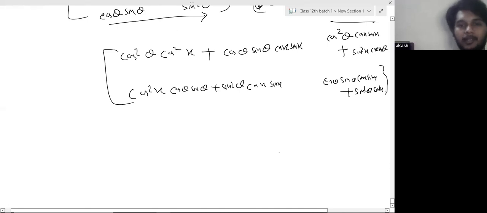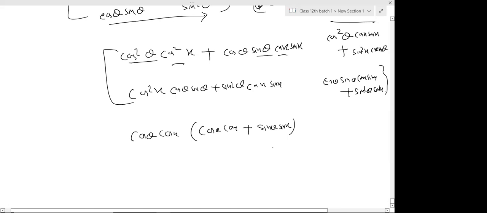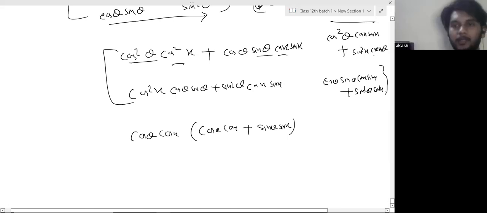All right, take out anything that is common from here. Cos theta and cos x we can take common, right? So this will be cos theta cos x in brackets, cos theta cos x plus sin theta sin x. Is this right? Yes, sir. All right. From here, what is the common part?